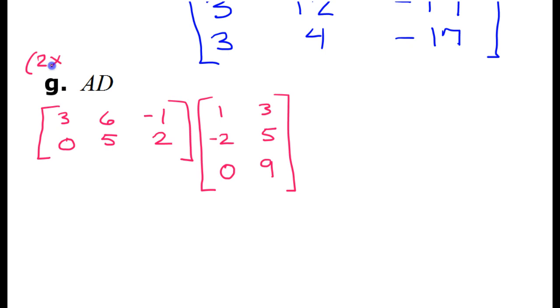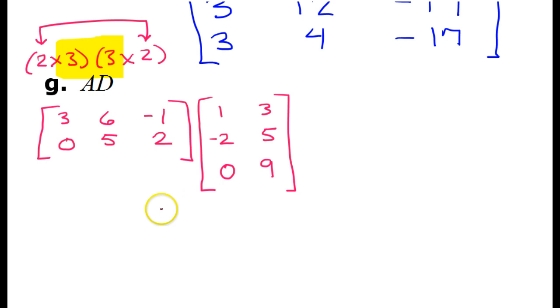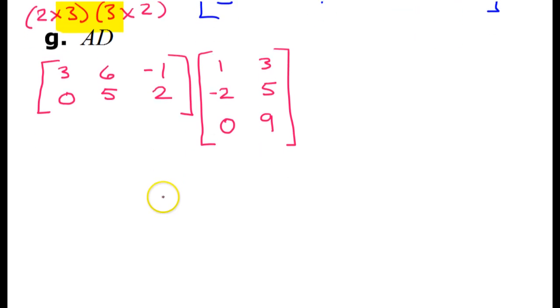Matrix D has dimensions 3 by 2, 3 rows, 2 columns. The inner dimensions are the same. So this will be possible. The inner dimensions have to be the same. The outer dimensions tell you the dimensions of your final answer. So we know that our final answer will be a 2 by 2 matrix.